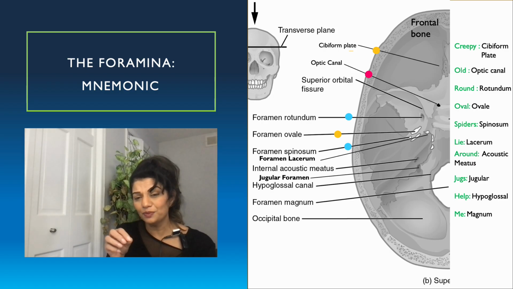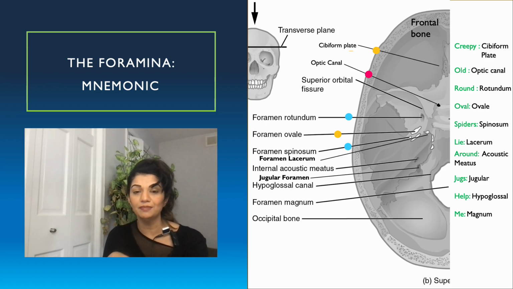And this one is a little different. It doesn't have a nerve, but what it has is the middle meningeal artery that goes through there. Then we've got the foramen lacerum, right? And that's for lie, spiders lie. So the lacerum actually has the internal carotid artery that goes through there.